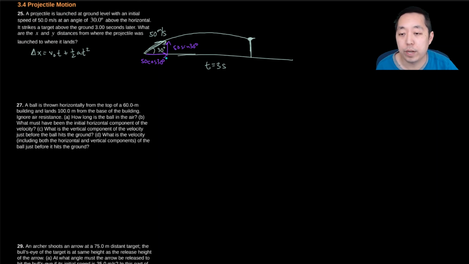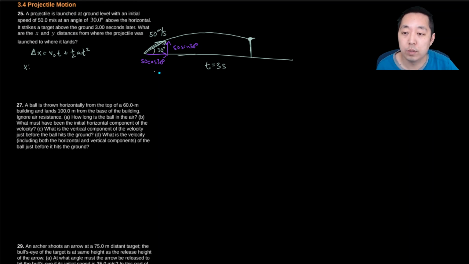Now in the x direction, there's no acceleration, so the velocity stays constant the entire time, unless you assume air resistance or something pushing on the object. So the acceleration is 0.